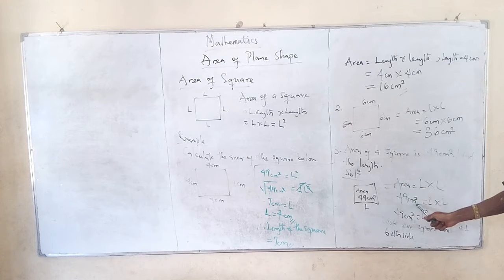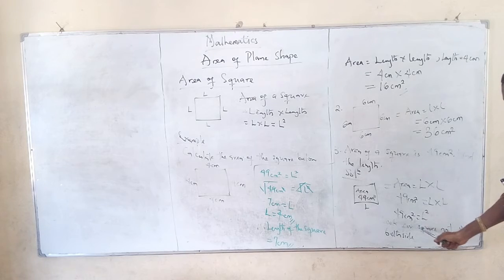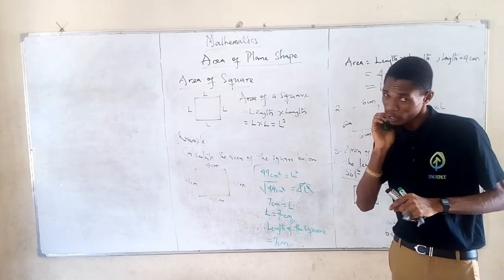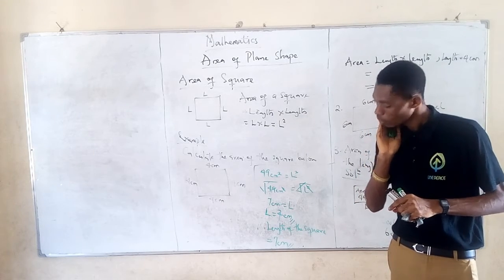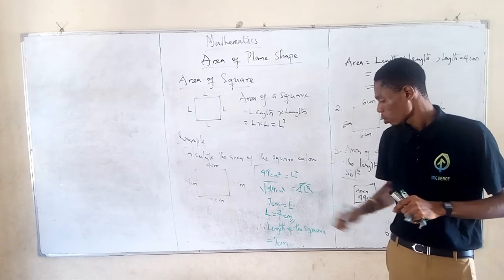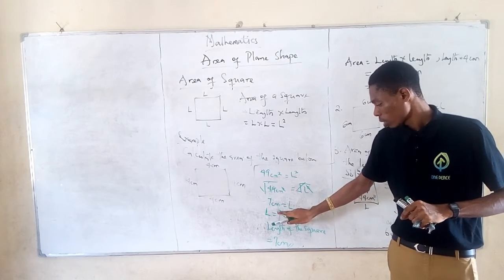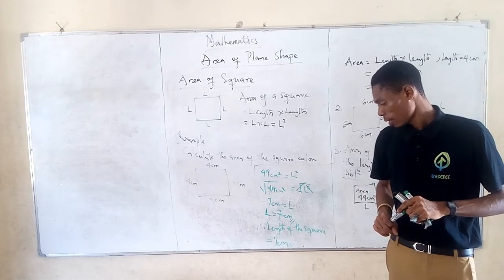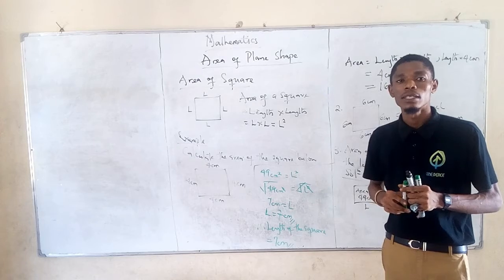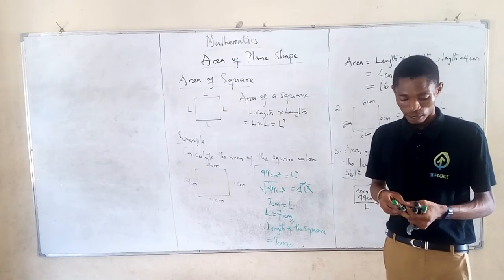So 49 centimeters square is equal to length times length, so 49 centimeters square is equal to length square. So let's look for the square root of both sides. Square root of 49 is 7. Square root of centimeter square is centimeter. And square root of L square is L. So our L is equal to 7 centimeters. So the length of the square is 7 centimeters.